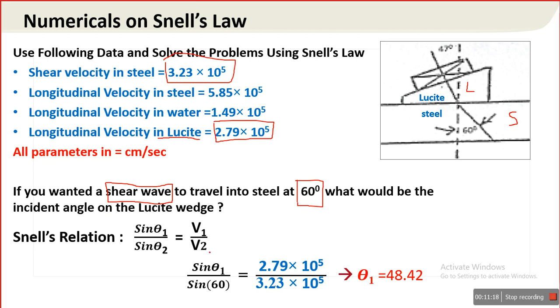So with the help of this relation, we get theta 1 equal to 48.42 something. So this is the first numerical.